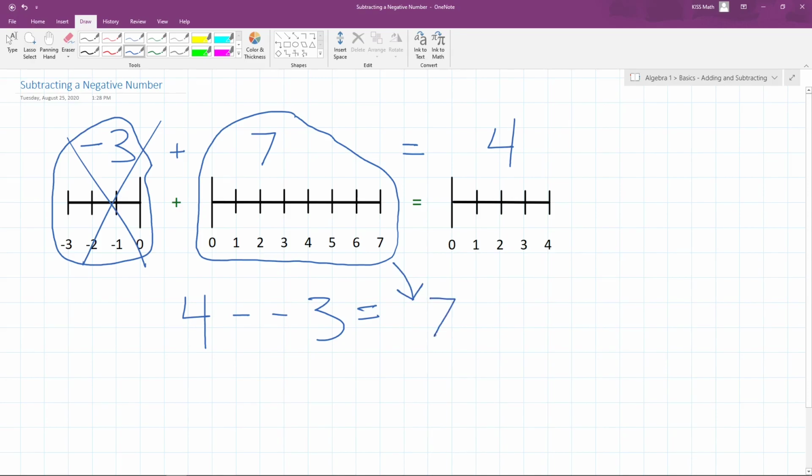So mathematically what ends up happening is that when we subtract a negative number, it becomes the same as just adding that number. So 4 minus the negative 3, we can actually just write that as 4 plus 3 equals 7. And so whenever you see two minus signs next to each other, you can actually just change that into a plus sign and add.